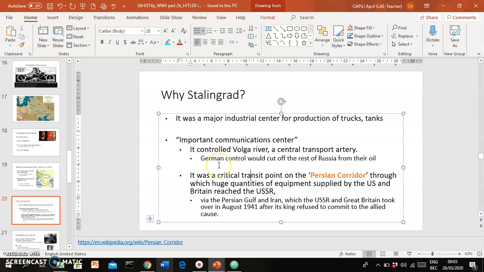So Stalingrad was a transit point on the Persian corridor, which extends all the way to Iran, which was, by the way, invaded by the USSR and Great Britain, precisely to ensure that the Allies would have the supply route and continue to support the USSR in this manner.